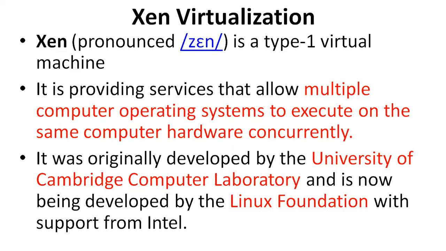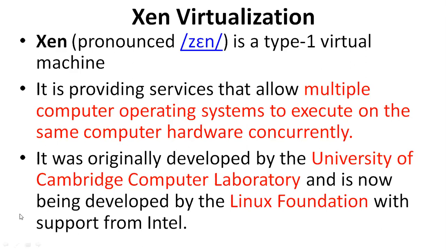It allows multiple operating systems to execute on the same computer hardware concurrently. That is one of the important things. That means multiple operating systems execute on the same or single computer hardware. That is the service provided by Xen technology.